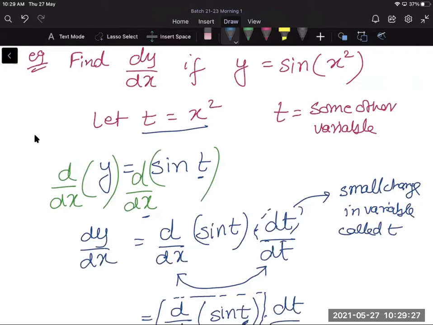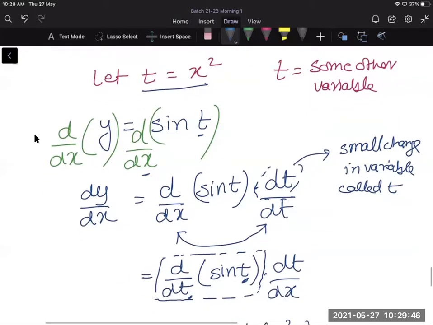And who has defined this variable called t? We have defined the variable called t. Once I multiply and divide the numerator and the denominator by dt, then I exchange the two terms in the denominator, and the expression then becomes d by dt of sine t multiplied by dt by dx, which in turn means d by dx of t.